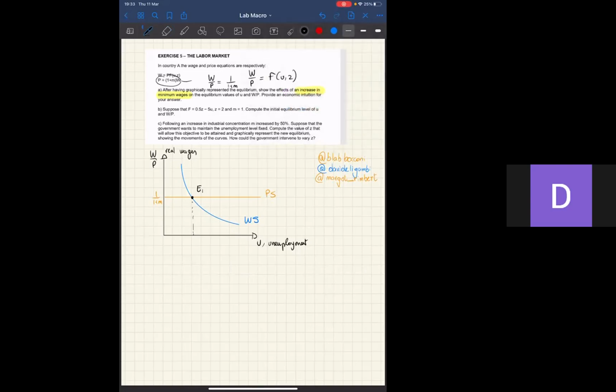So what we have here is that an increase in Z means that our wage setting equation, I'll do it in red, is going to move upwards. And why is this? Because for the same level of unemployment, so for our same level of X here, our variable on the X-axis, you're going to have not E1 level of wages, but actually a higher level of wages.